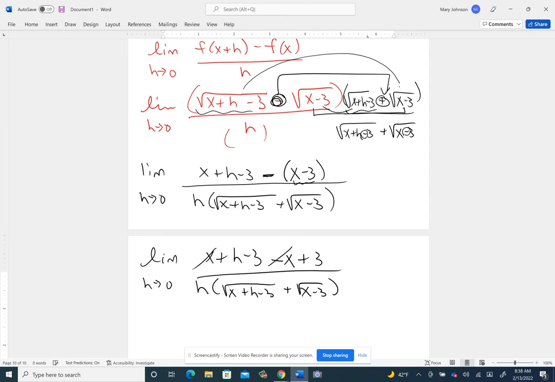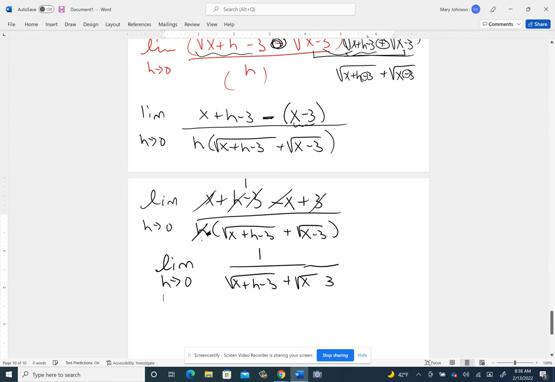So the x and negative x cancel, negative 3 and positive 3 cancels. We have just h on top, but we see we have an h in the denominator as well that's being multiplied by something. So it's a factor. We can cancel it out. So on top we have 1. In the denominator we have this square root of x plus h minus 3 plus the square root of x minus 3. Still haven't done the limit yet, so keep that on there.